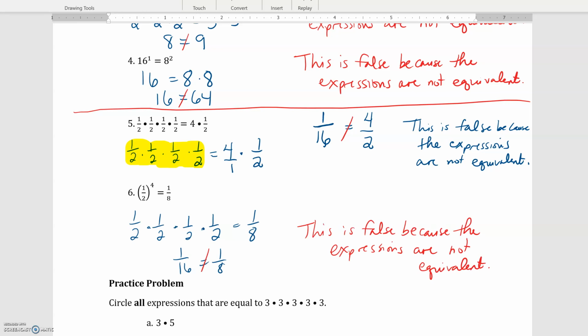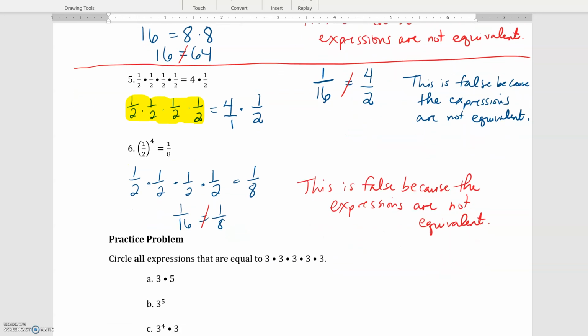So when you work it out for number 6, you would get 1/2 multiplied by itself 4 times, which gives you a final evaluation of 1 over 16, and therefore it's a false statement because both expressions are not equivalent.